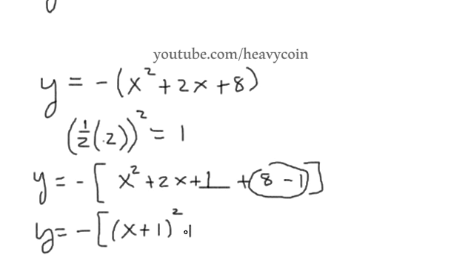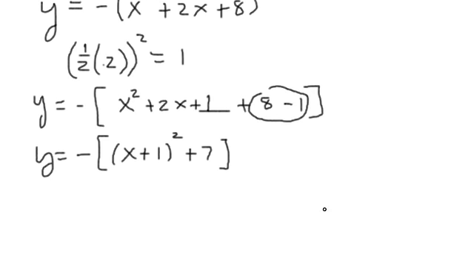So we're going to put a plus 7 here. Now I'm going to go ahead and distribute this negative. So we have y is equal to the negative x plus 1 quantity squared minus 7.